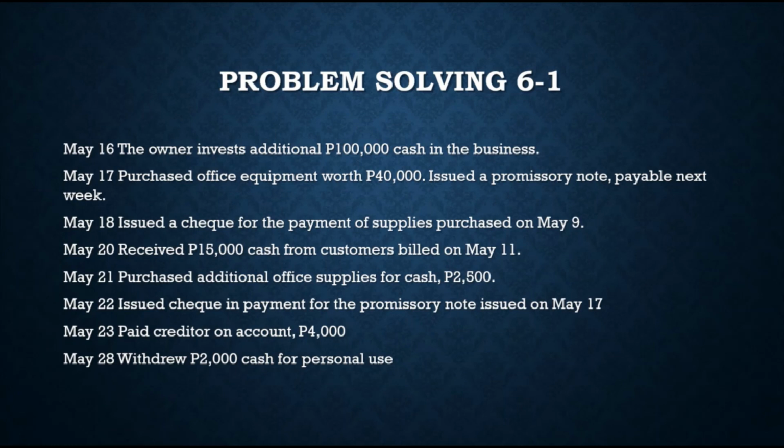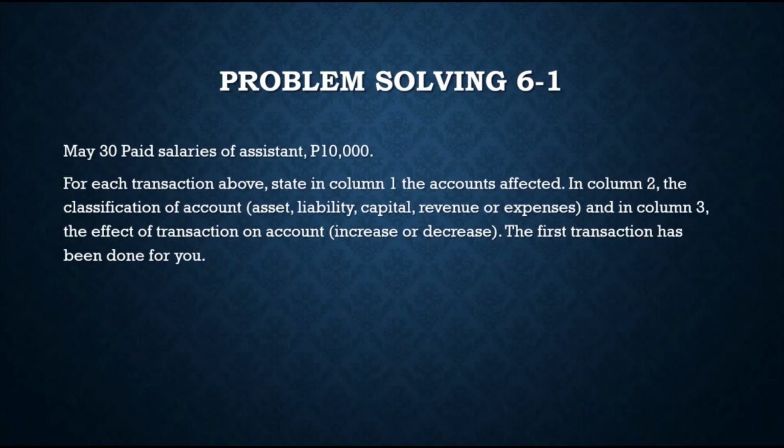Then on May 21, purchased additional office supplies for cash amounting to 2,500. Then on May 22, issued check in payment for the promissory note issued on May 17. Then on May 23, paid creditor on account amounting to 4,000. And then on May 28, he withdrew 2,000 cash for personal use. Then lastly, on May 30, paid salaries of assistant amounting to 10,000.